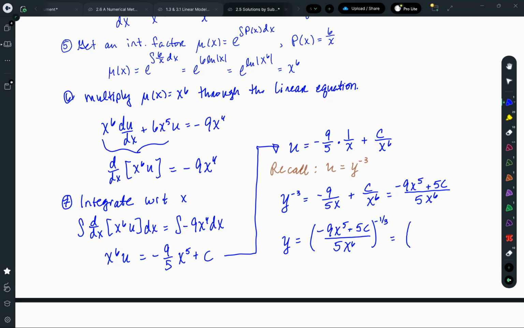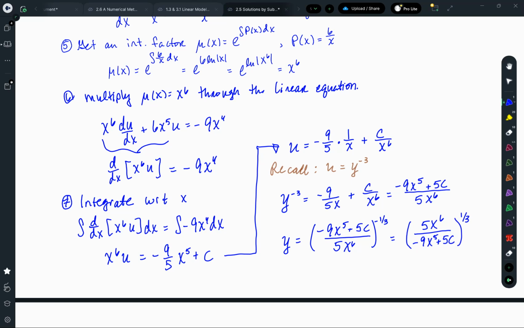So this would be equal to 5x to the 6th over negative 9x to the 5th plus 5c, all raised to the positive 1/3 power. I don't know if that's taking it too far. We were not asked for an explicit solution, so keeping it as y to the minus 3 would probably be okay. But if you were asked for an explicit solution, you would need to go through this process. Okay, so it's there if you need it.